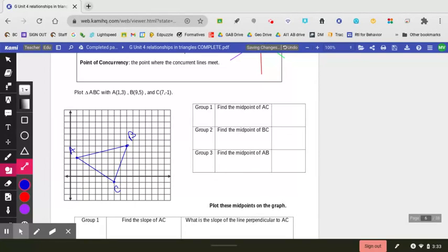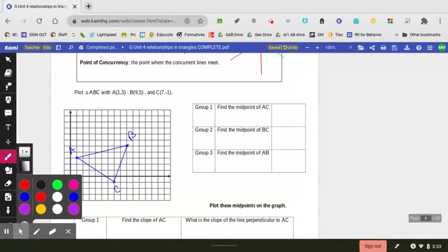Now what I want to do is find the midpoint. So I'm going to start by finding the midpoint of AC. Now remember, to find the midpoint, I use the midpoint formula, which is x1 plus x2 over 2, comma y1 plus y2 over 2.